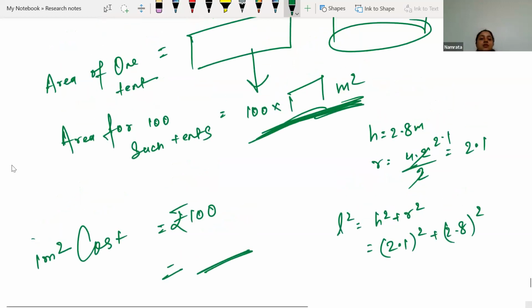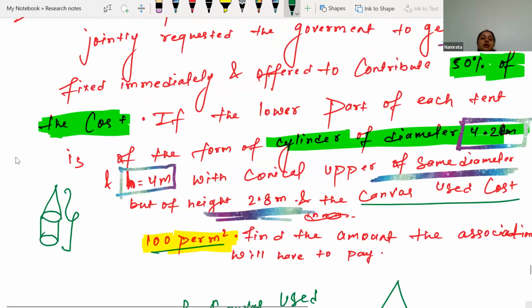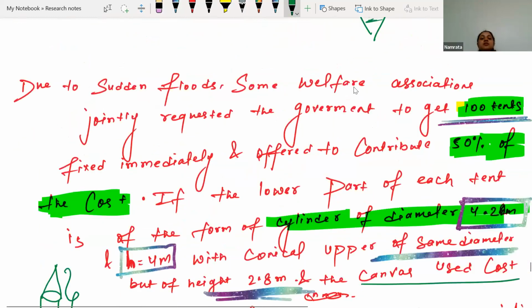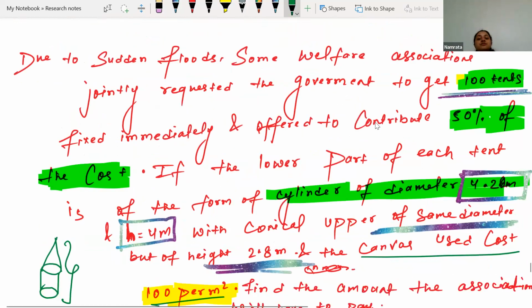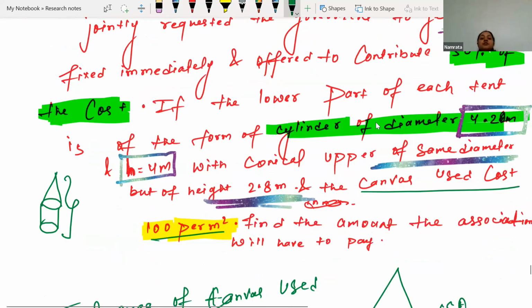And what does the question say? Due to sudden floods, some welfare association jointly requested the government to get 100 tents fixed immediately and offered to contribute 50% of the cost. So whatever total cost you have found, 50% of that cost will be funded. Find the amount the association will have to pay.